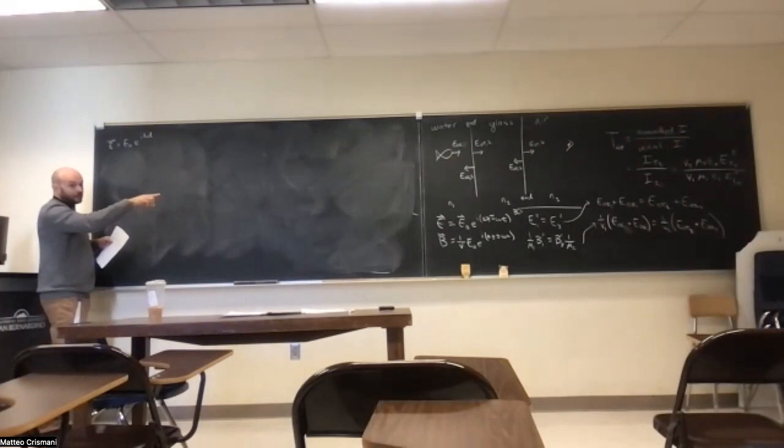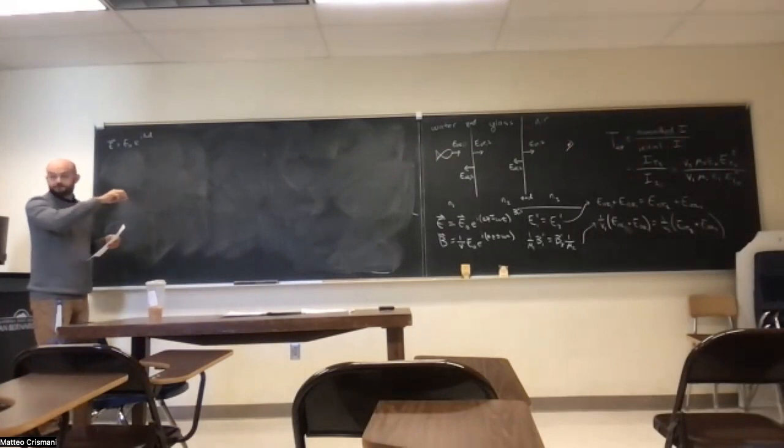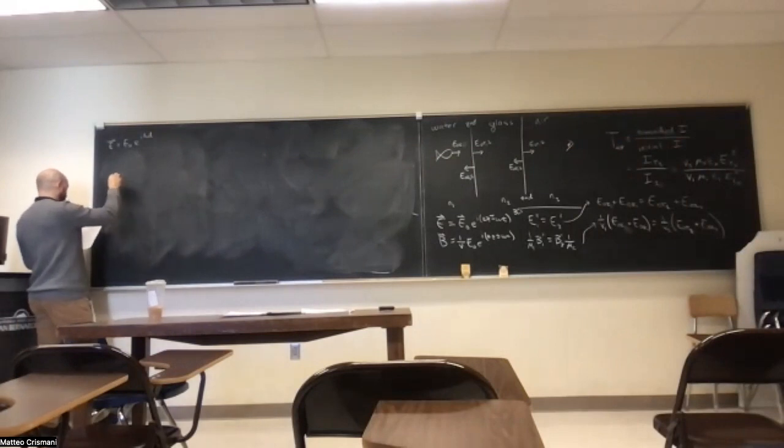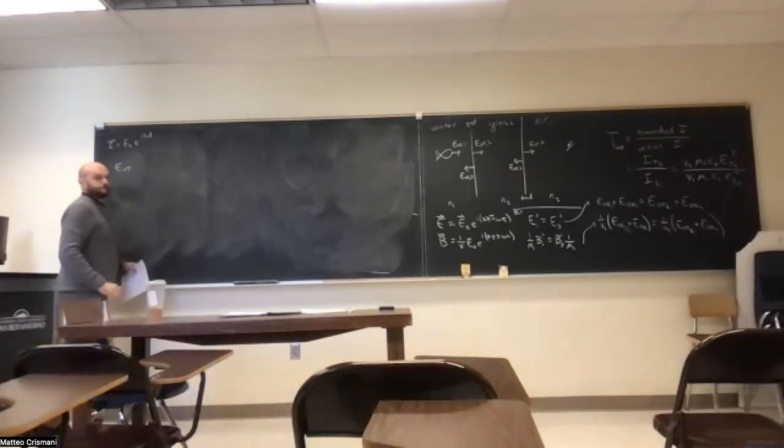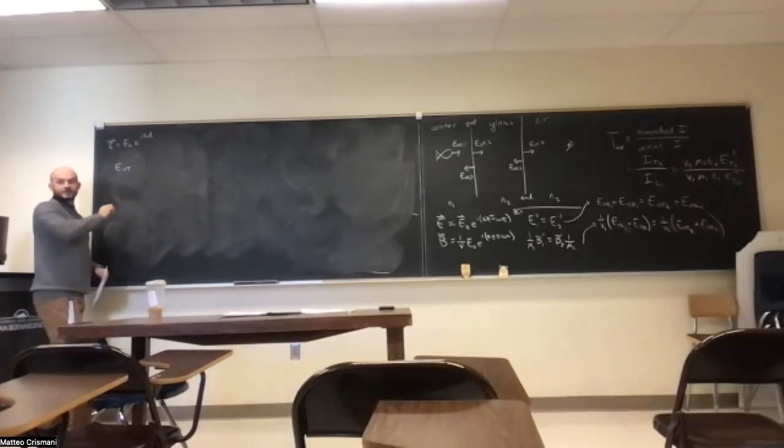So at that second boundary, how are we going to write it? Here, E0 E1, is it 1 or 2, folks?